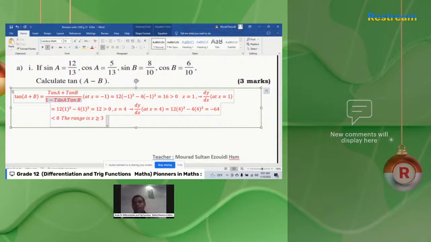This is the formula, and it is about the sum of two angles.